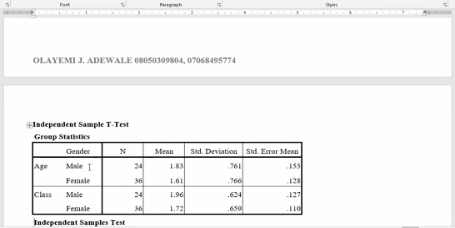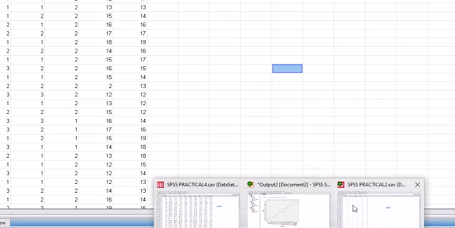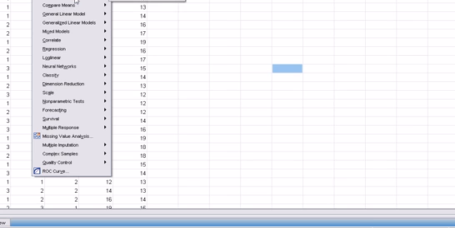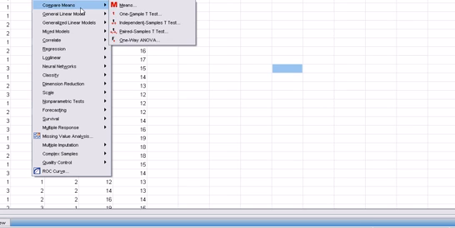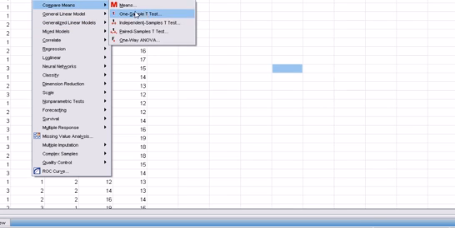Under this independent sample t-test, you know how we do that. You go to your graph, you click on it like this, and you've done that before. This is t-test, compare means, independent t-test, and that's the value you will get.